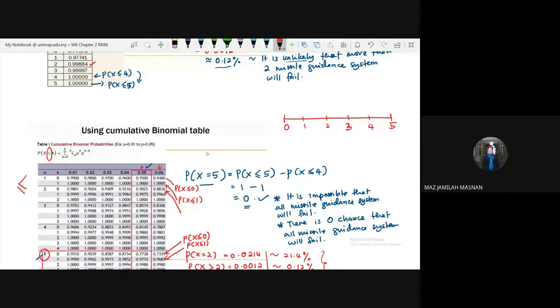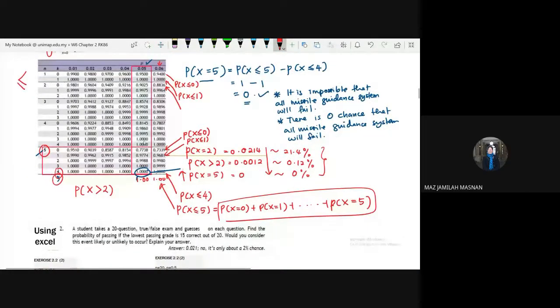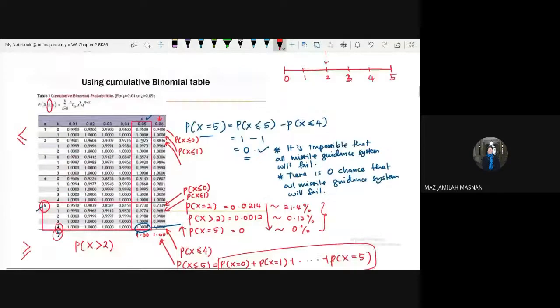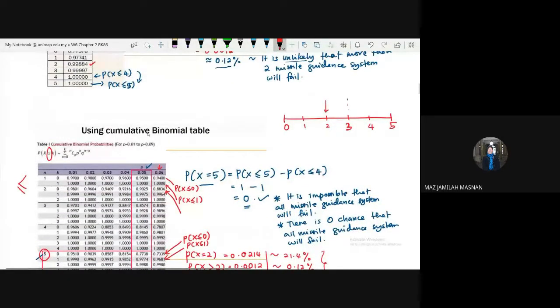We are talking about 2 here, but more than 2, because 2 is not included. We don't have equality here. So we are talking about more than 2, then we are referring to 3. That's why we are looking for the probability of this region.